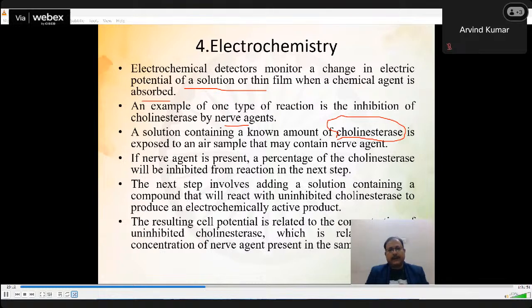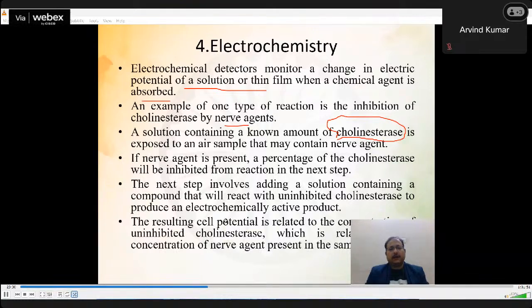The next step involves adding a solution containing a compound that will react with uninhibited cholinesterase to produce an electrochemically active product. The resulting cell potential is related to the concentration of uninhibited cholinesterase, which is related to the concentration of nerve agent present in the sampled air.